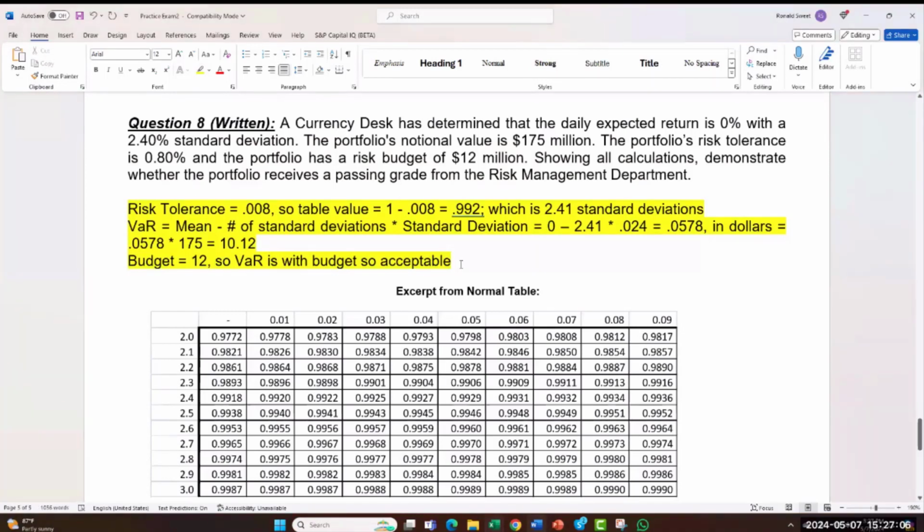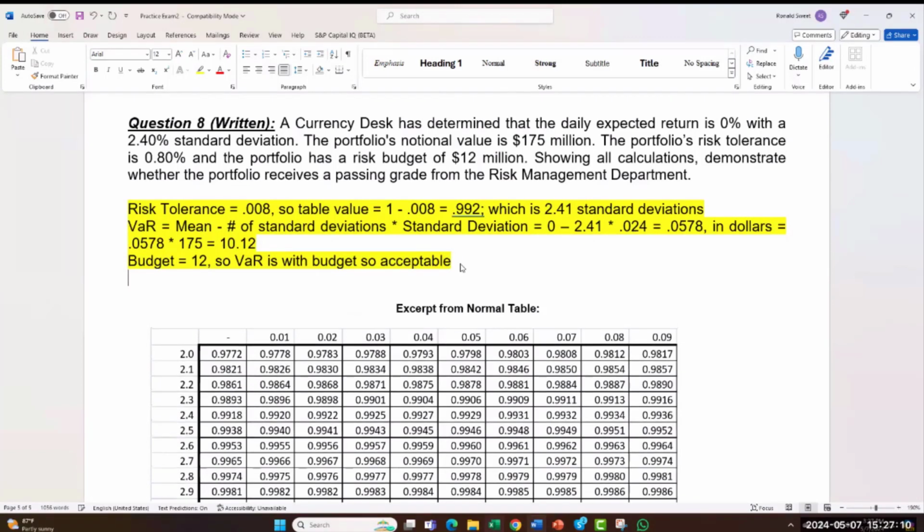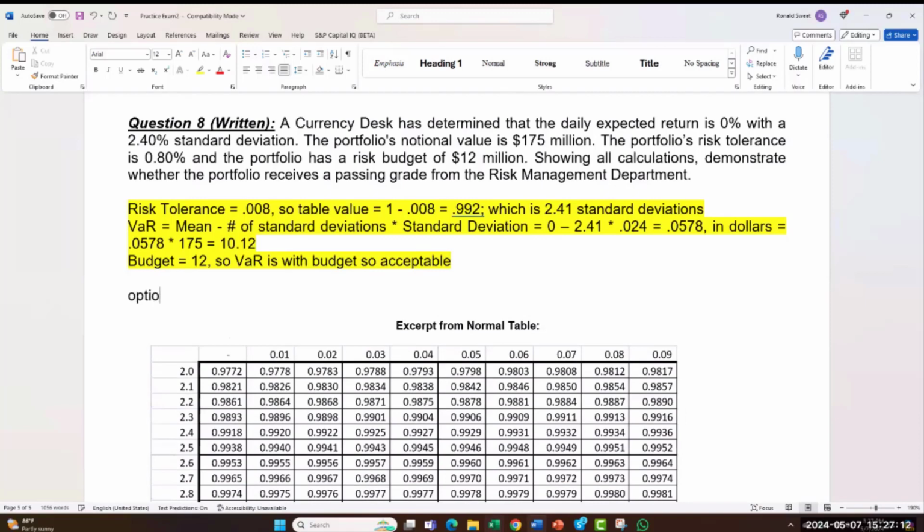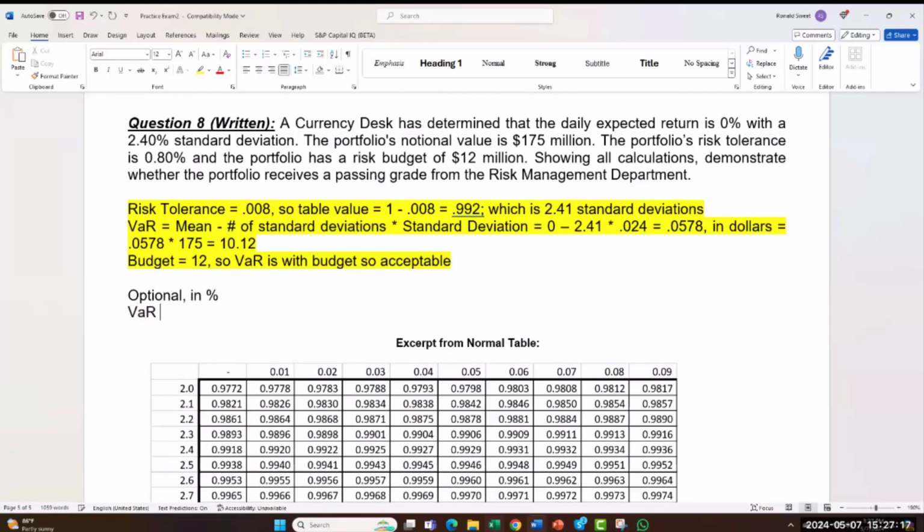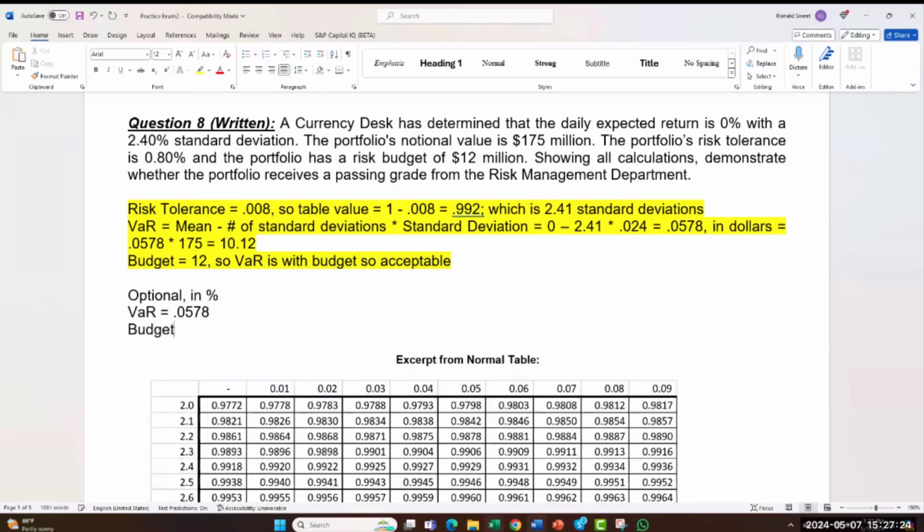If you want to do it in percentages, you can. Then your VAR equals 0.0578 and your budget equals 12 divided by 175, which is 0.0686.